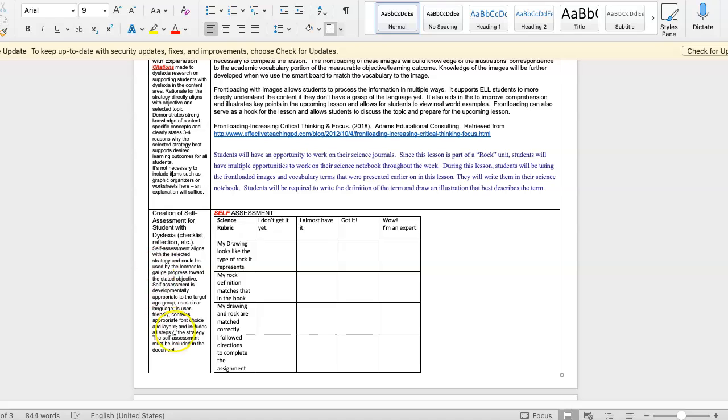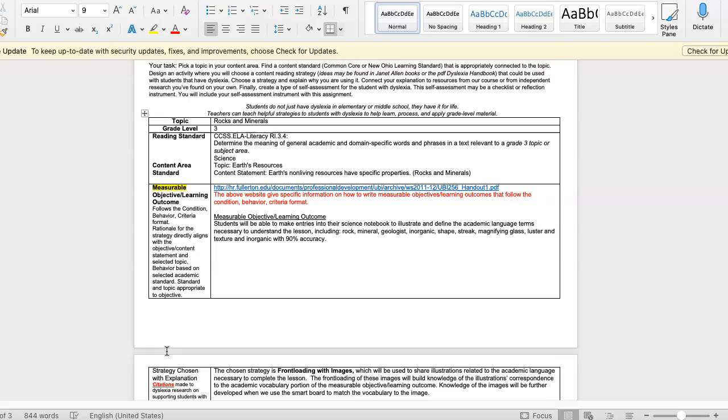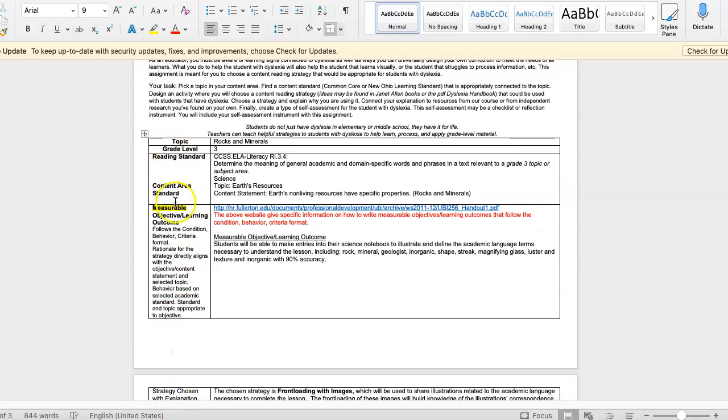And then you're creating that student self-assessment for whatever strategy you have chosen. Again, please be sure to read the fine print on the left side of this lesson plan.